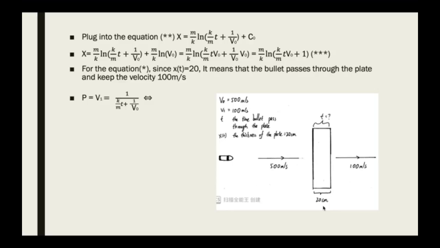So we can find p equal to v1 and get a formula for v1. And simplify this formula, we can get a new equation that relates to t.